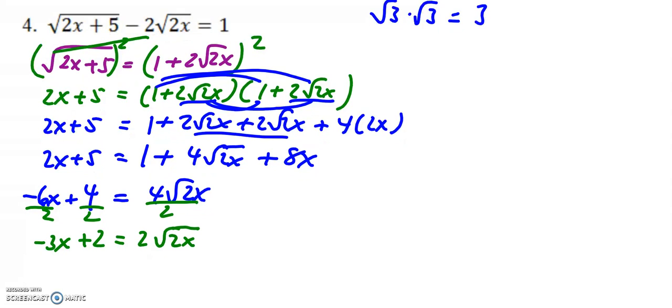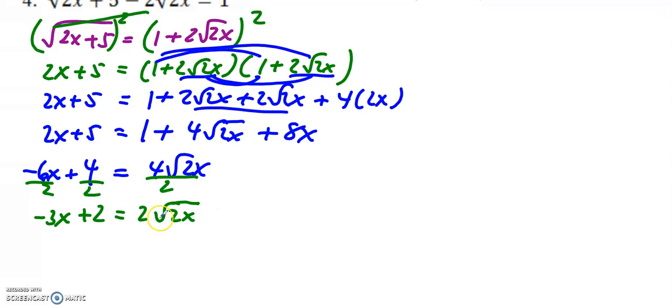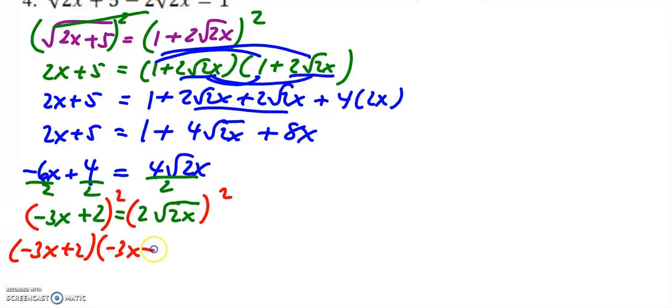Now we need to get rid of that radical. So what we have to do is, again, square both sides as you see them. So this becomes FOIL again. Negative 3x plus 2, negative 3x plus 2 equals, and I'm going to write this out as well, just so you can see my work, 2 root 2x times another 2 root 2x.